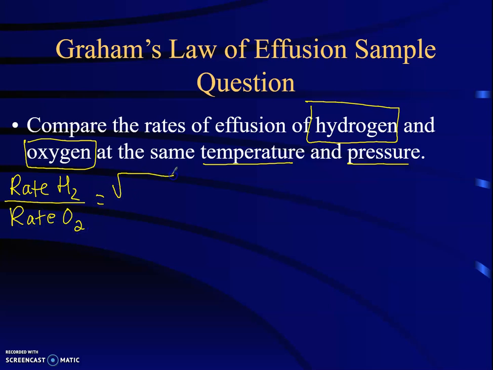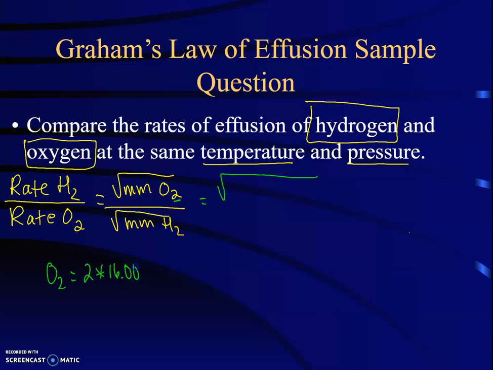So we are going to take the square root of the molar mass of oxygen compared to the square root of the molar mass of hydrogen. Okay, so looking on our periodic tables, the molar mass of O2 gas, oxygen is 16, so we have 2 times 16 grams per mole, which is going to give us 32.